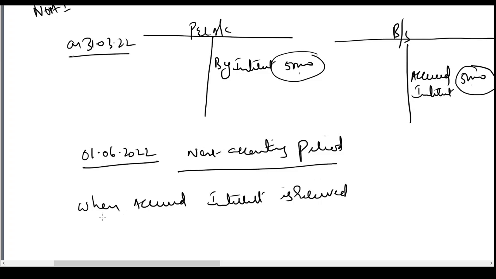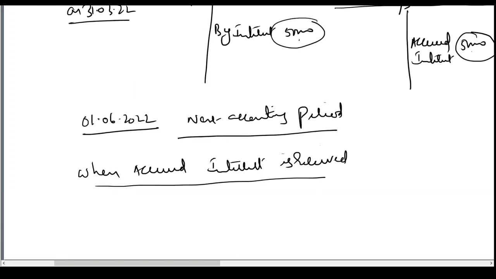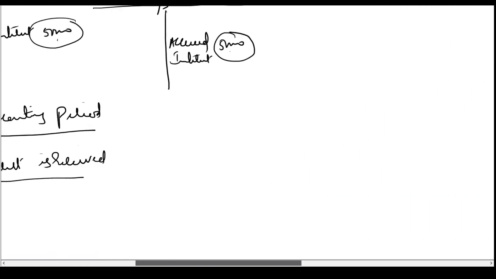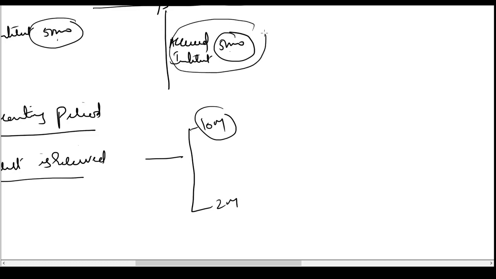The bank will pay me 12 months' interest. I will recognize it in two parts: 10 months and 2 months. This 10-month interest is interest receivable for the last year, for the last accounting period.